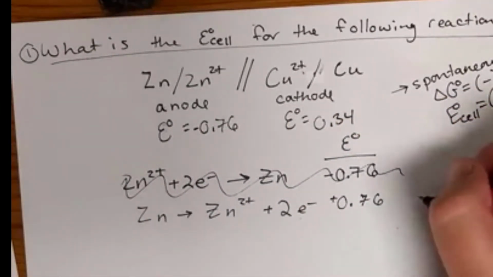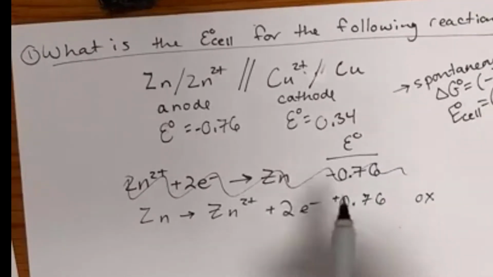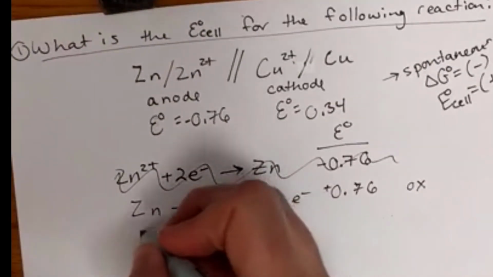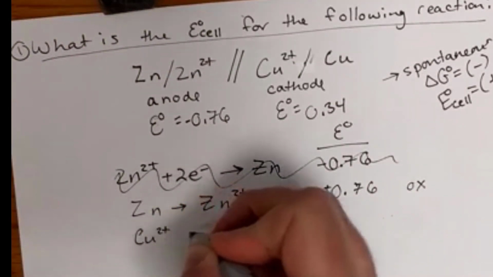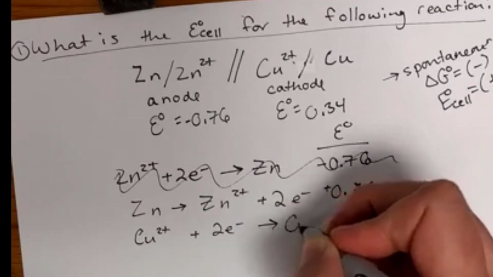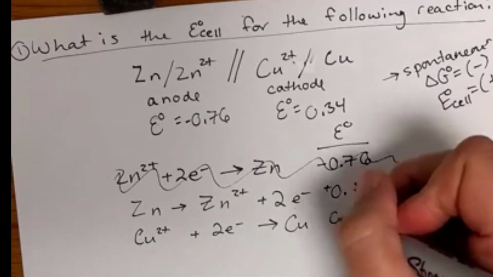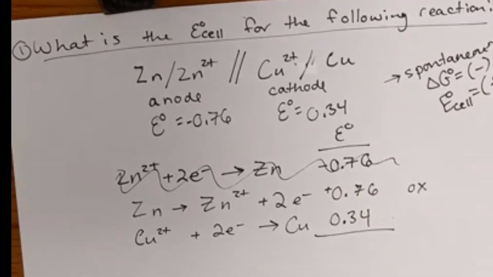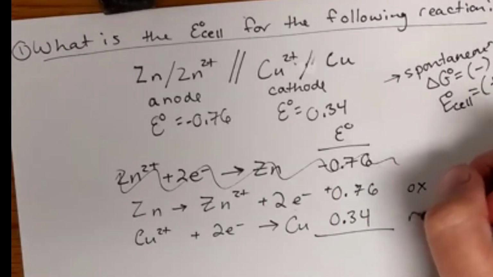Okay, so now this is our oxidation reaction, and now our reduction reaction. We go back to our table and once again look at copper. So we have copper 2+ plus 2 electrons goes to copper, standard reduction potential of 0.34. Remember, this is my reduction.